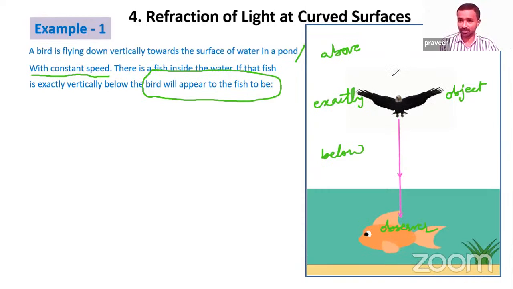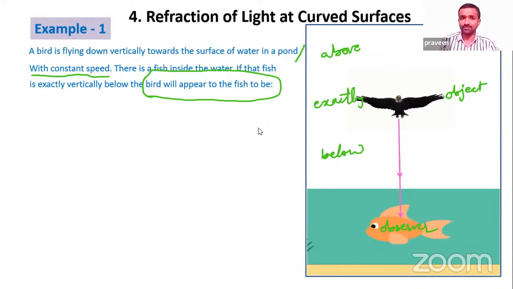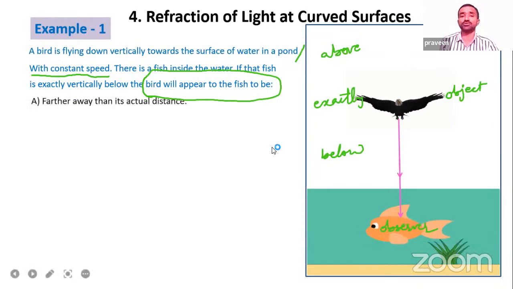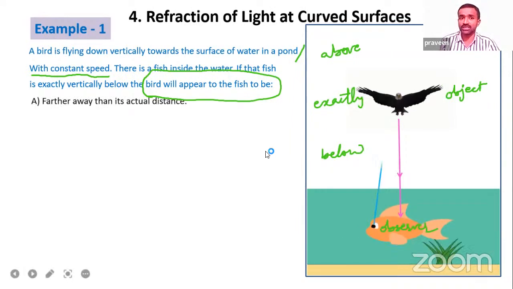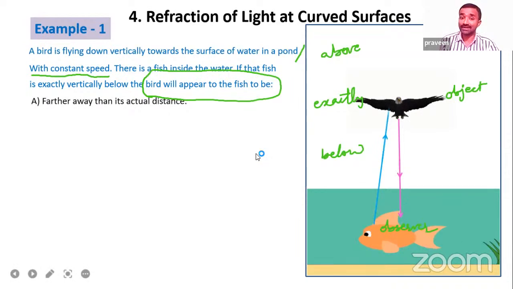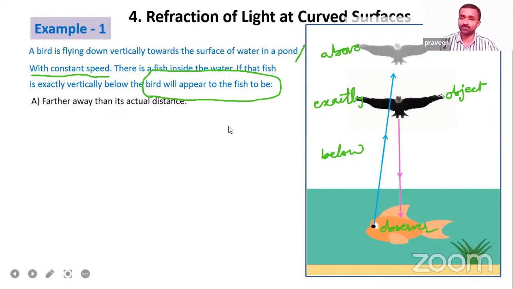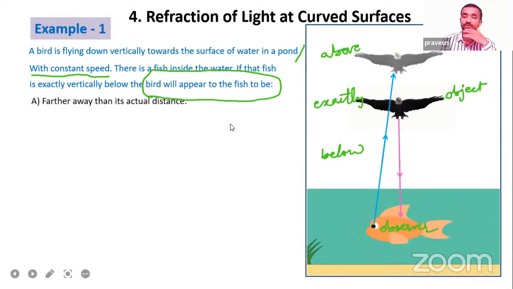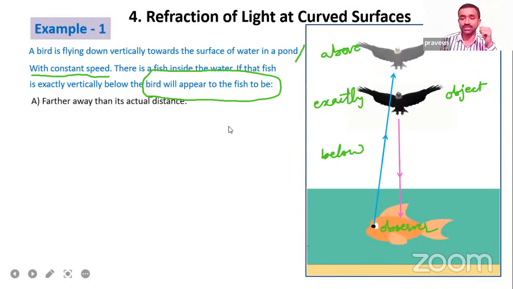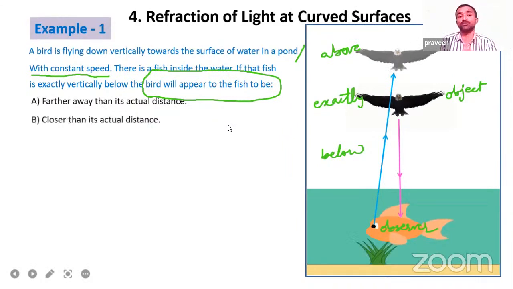So in the question a few options are given. Farther away than its actual distance: if it is farther than its actual position, the bird will appear to the fish at this place above. Then the next option is closer than its actual position.